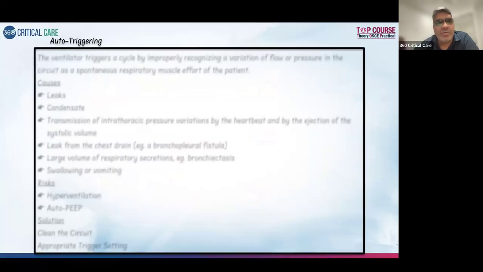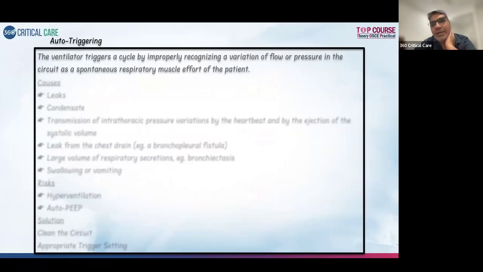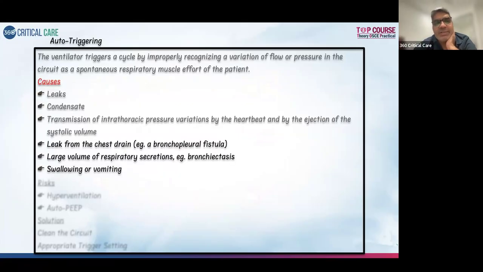A little bit about auto triggering. The ventilator triggers a cycle by improperly recognizing a variation of flow or pressure in the circuit as a spontaneous respiratory muscle effort by the patient and tries to support it with a breath. The causes can be various, not only cardiac oscillation. It can be leaks in the circuit. It can be condensate in the filter or HME filter.